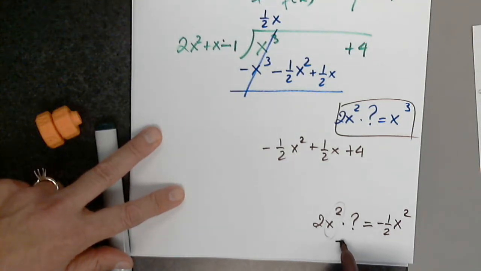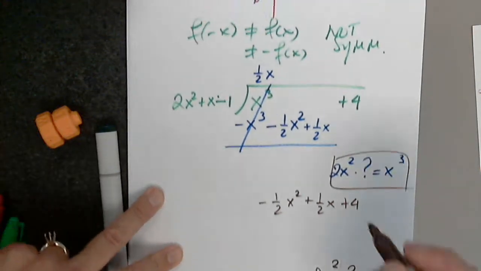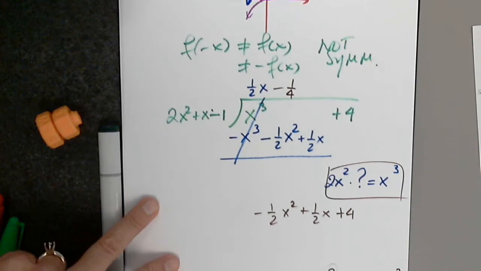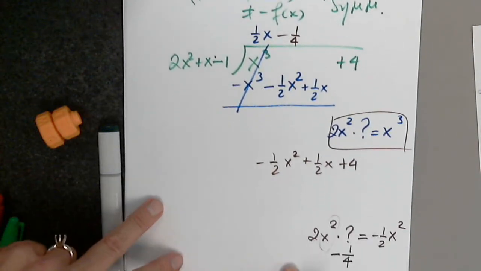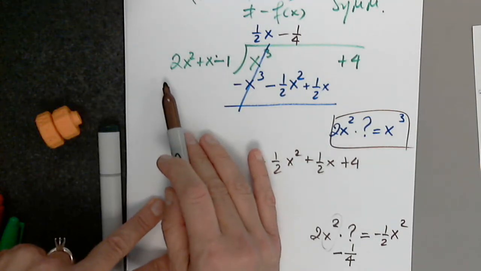It has to be negative, because 2 times a negative number will be negative. And I have to be able to simplify and still get 1/2. 1 divided by 4. I'll simplify and I get negative 1/2. So it's minus 1/4. So negative 1/4 times 2x squared.